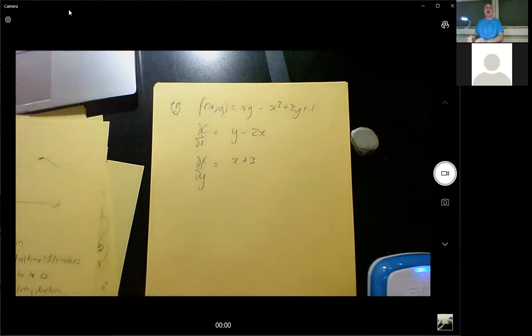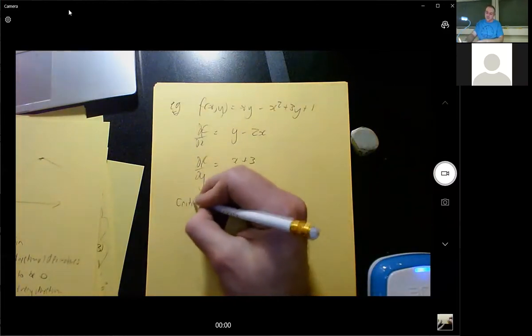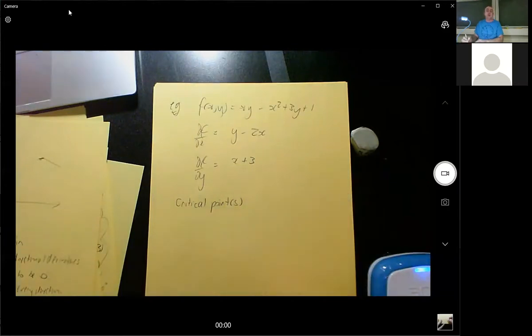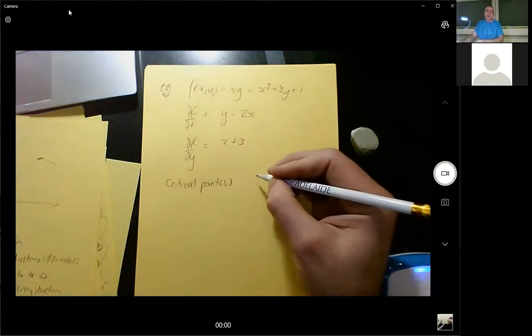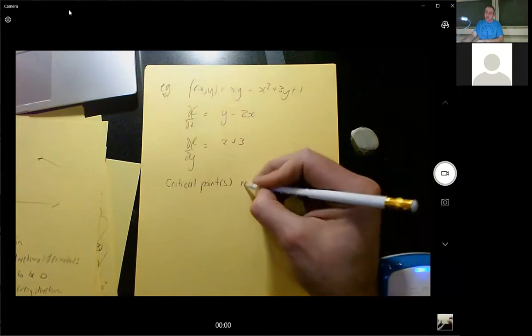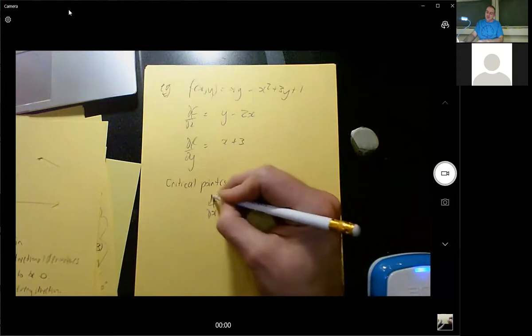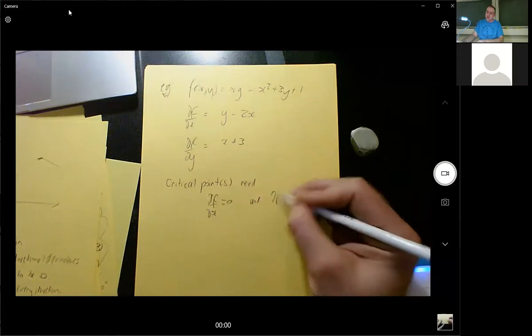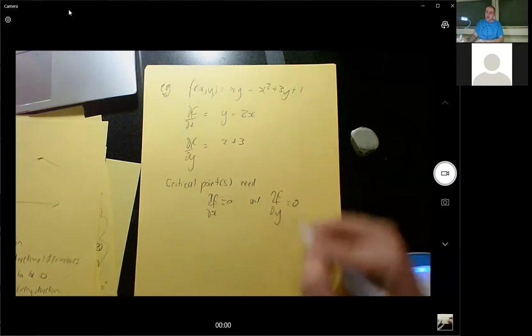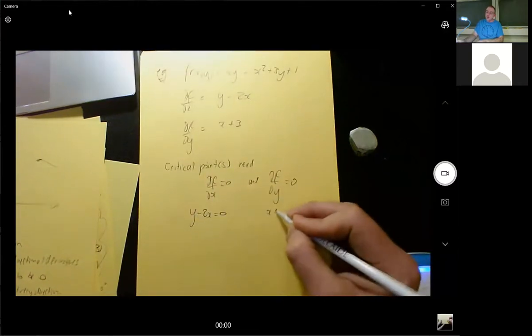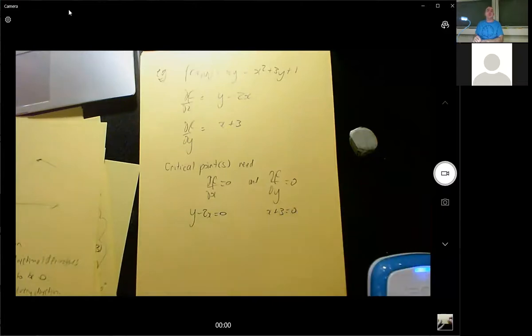Then our critical points, they're called. I don't know how many there's going to be. The critical points happen when both derivatives are 0. They need df on dx to be 0 and df on dy to be 0 as well, which means I need y minus 2x to be 0 and x plus 3 to be 0.